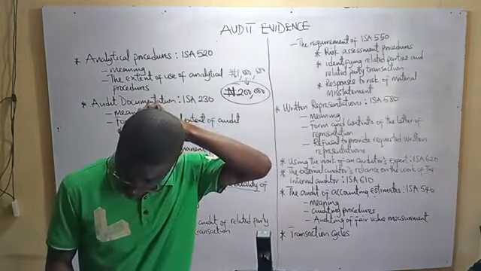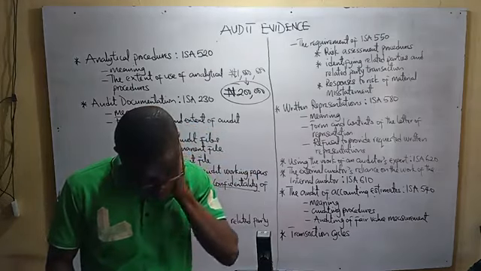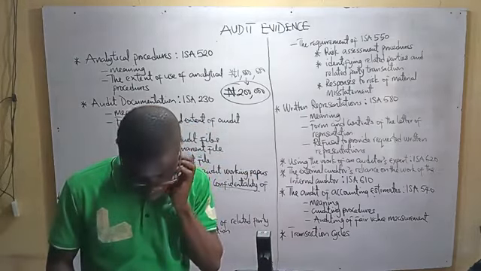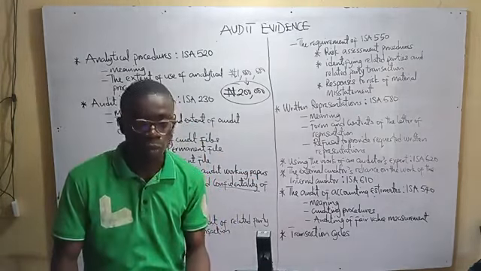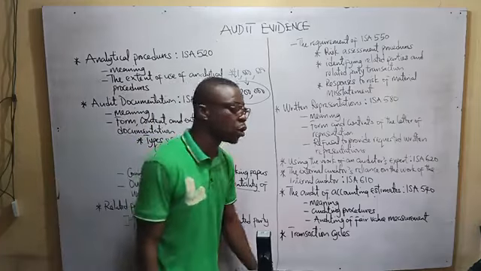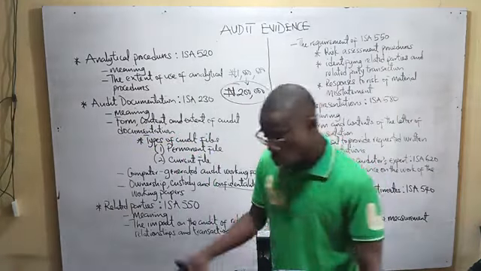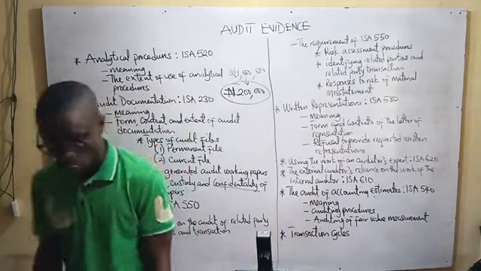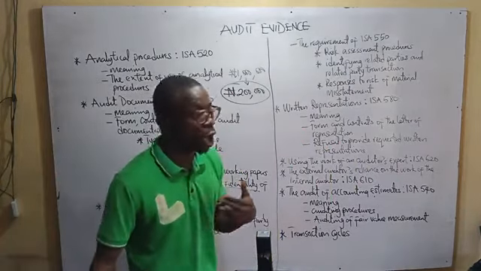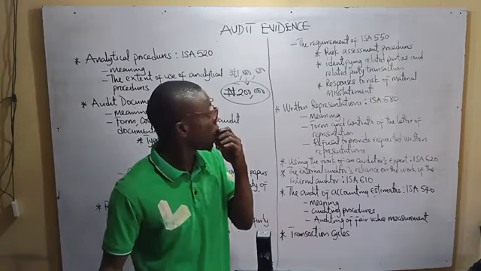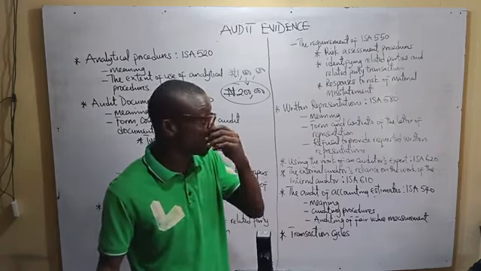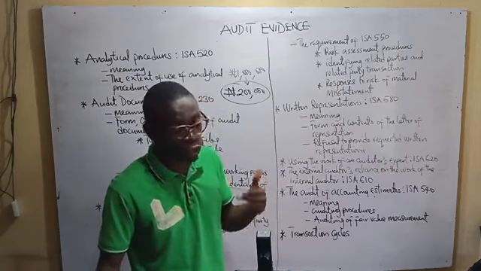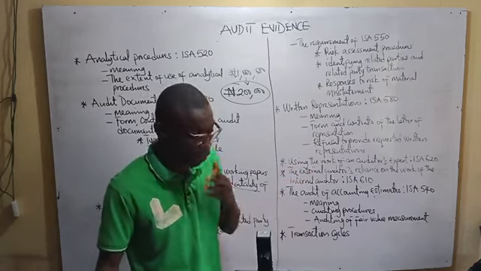It can also be a written letter from the client giving the auditor more confidence on an issue, providing more clarification when the auditor finds it difficult to understand an aspect or area of the audit.